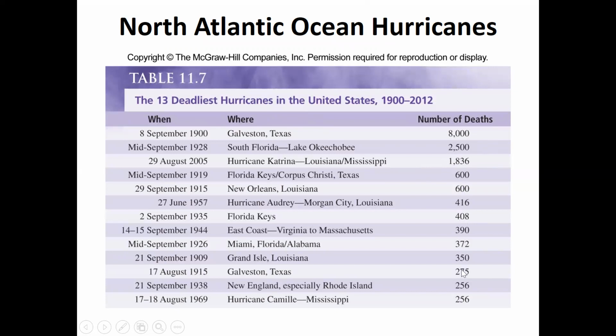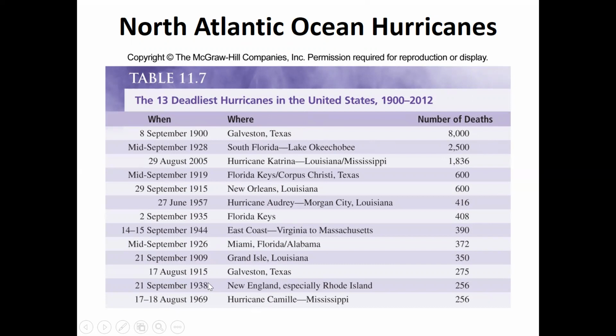You can see the numbers have dropped off, and not necessarily with time, but you can see that the most deadly ones besides Katrina were in the early part of the 20th century.